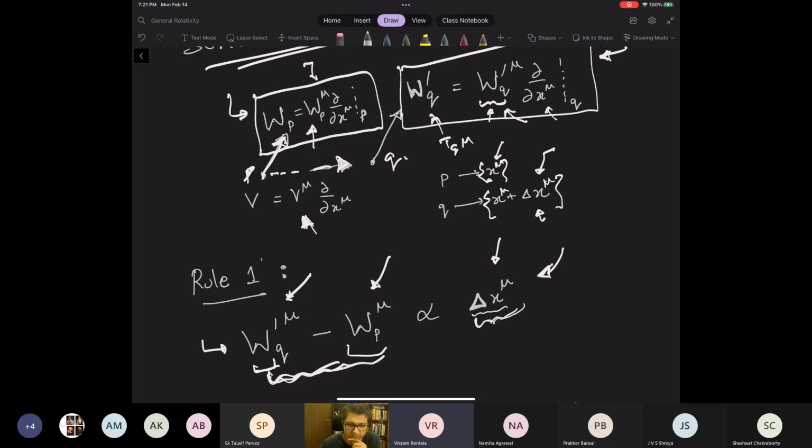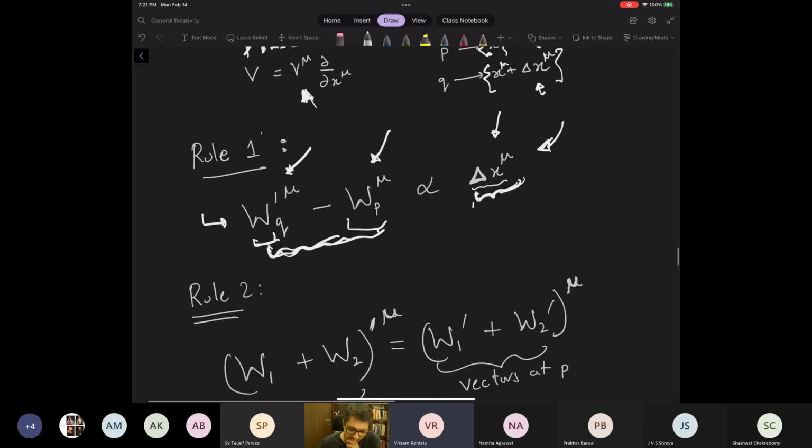And we're talking about the same thing at the point P. We're talking about the components of this vector WP mu using the same coordinate basis, partial x mu. And in that coordinate basis, we're just saying that the difference between these components, these coefficients, is proportional to delta x mu.